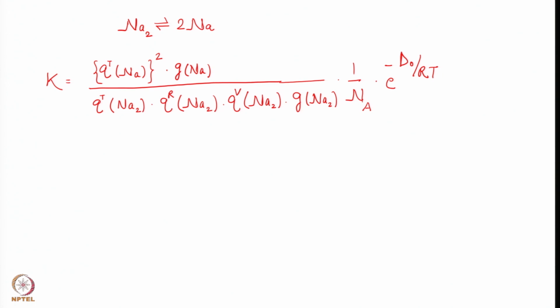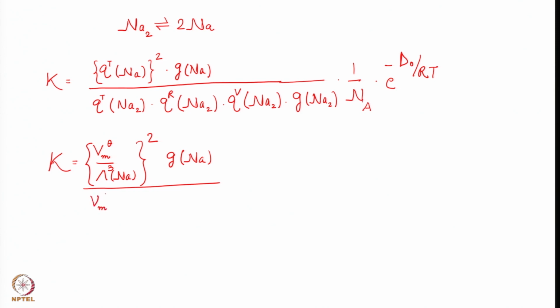Now we very much know that Q translational is Vm naught by lambda Na cube, but this is squared. This is for the translational contribution. Then degeneracy of Na I will retain like this. In the denominator I will write Vm naught, because everything we are treating as ideal gas, divided by lambda cube of Na2.